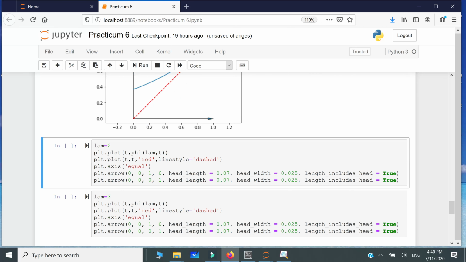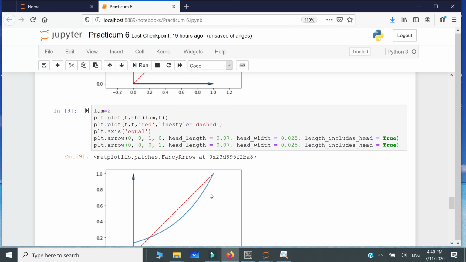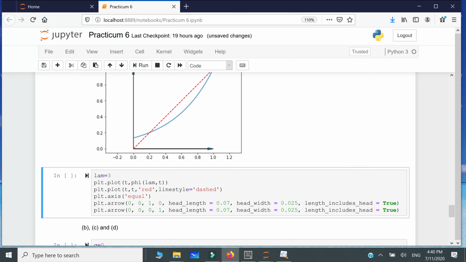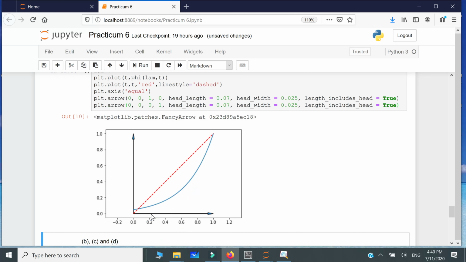Now for lambda equal 2, as in exercise 1, we have two roots now, 1 and something smaller, and we choose the smaller one. Okay, and for lambda equal 3, the probability of extinction is even lower. Okay, so it's about 0.05%. Okay, why?